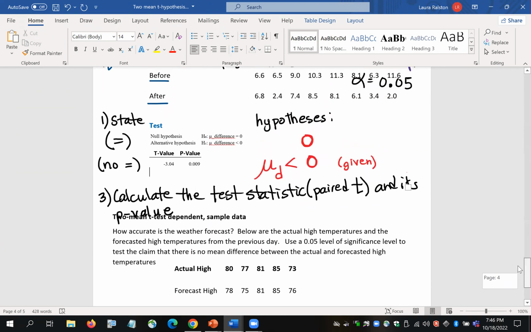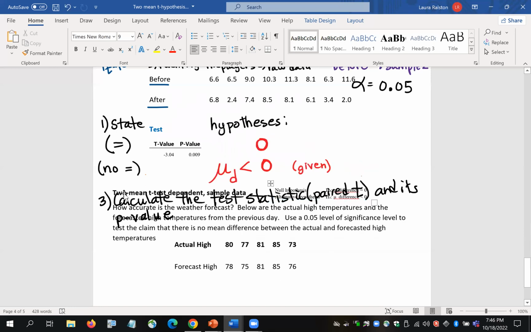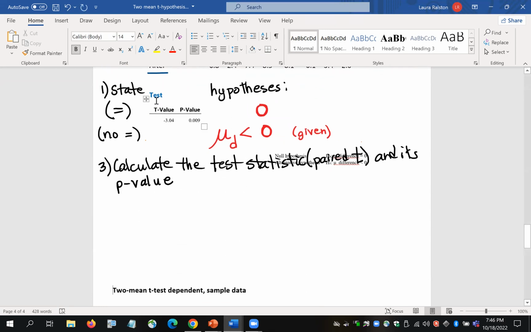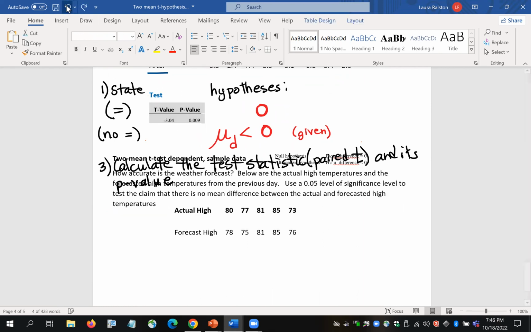Okay, it's way up here, guys. I don't know why it's way up here. Let's see if it'll let me move it. Oh, I see the problem. Hold on just a second. Okay, so my test, let's undo this.